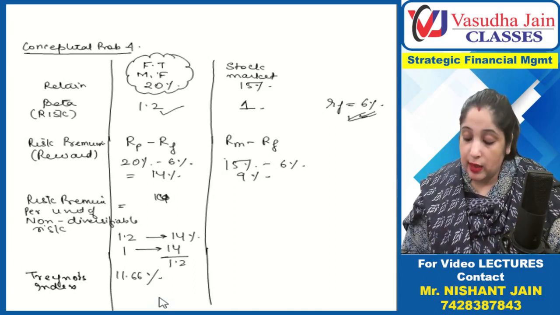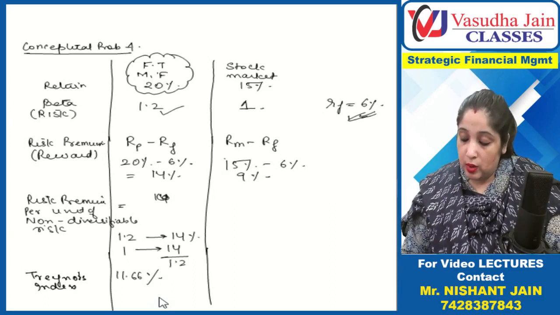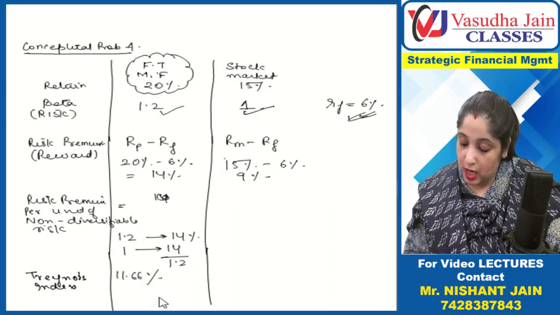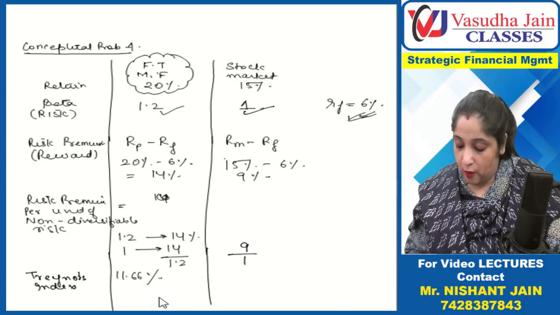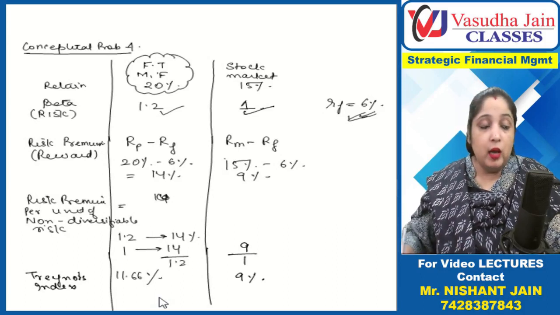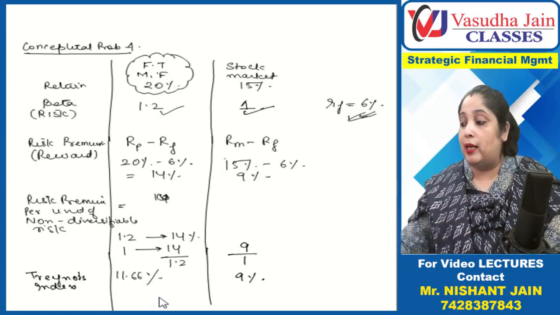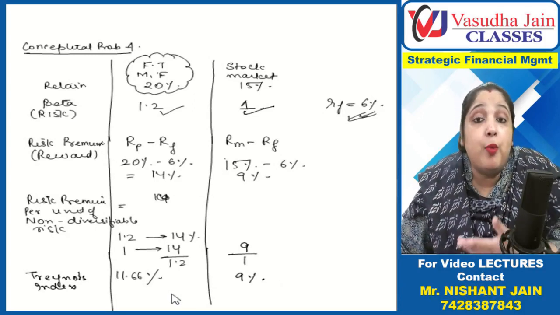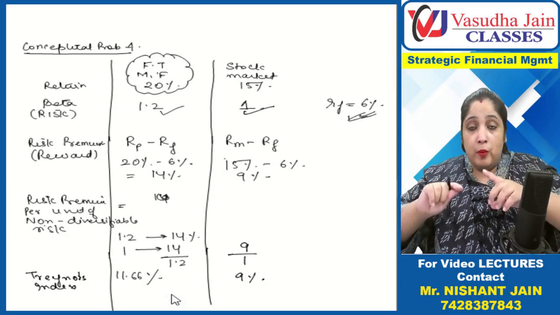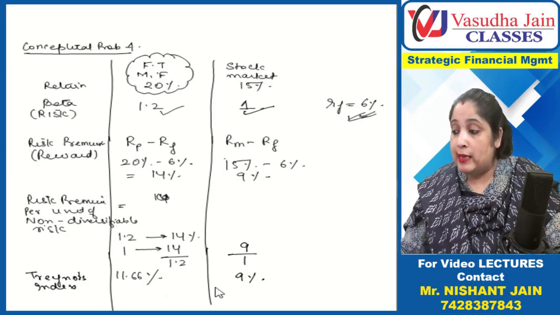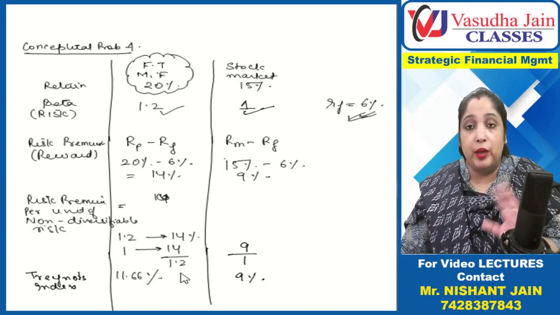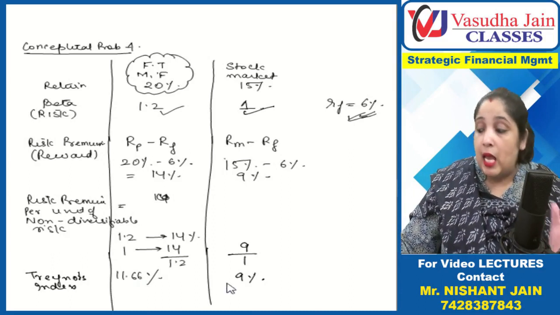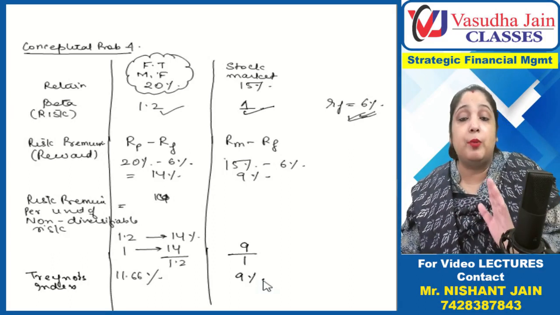Okay. Similarly, we are going to compute it here also. Here beta is already 1, so 9 divided by 1. Obviously it comes out to be 9. So here, if you bear only 1 beta, you get 9% reward or risk premium. Here you are getting 11.66%. So on both sides the beta is 1 now, and here you are getting 11.66% and here you are getting 9% risk premium.